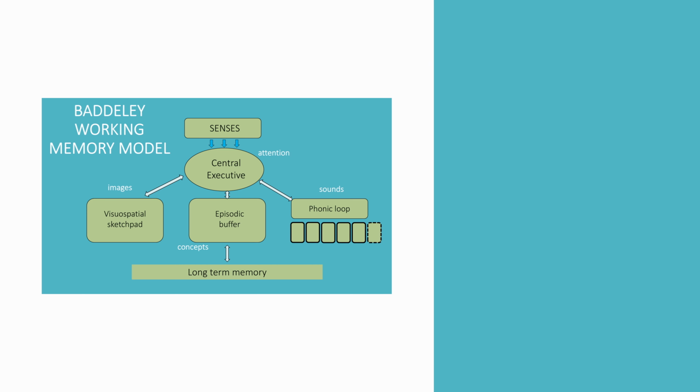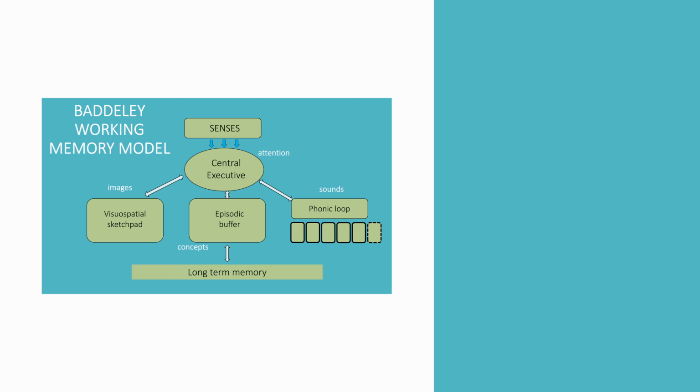Now, what's interesting about the phonic loop is, I alluded to this earlier, that the actual sounds are strongly associated with the concept that they link to. So the sound sheep is strongly associated to all of those ideas about a sheep.